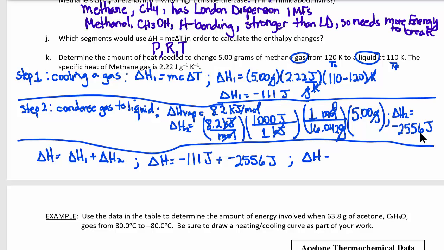I have the same unit, so I can add them together, and that would end up being a negative 2,670 joules. Or if you put this in kilojoules, it would be a negative 2.67 kilojoules of heat that was released.